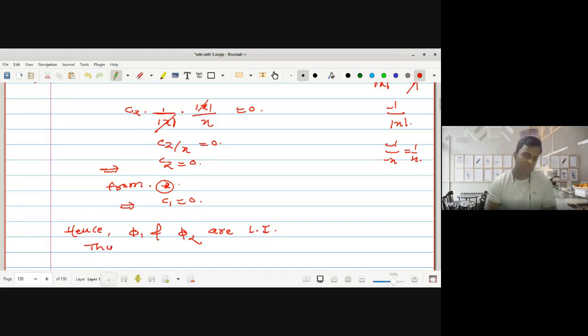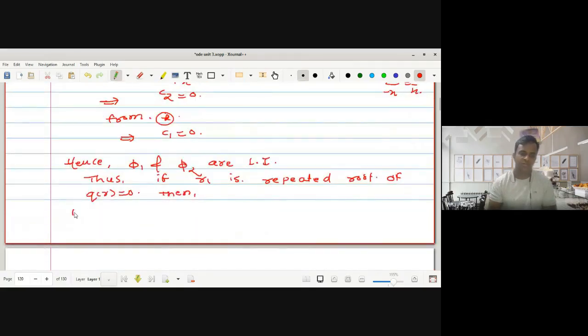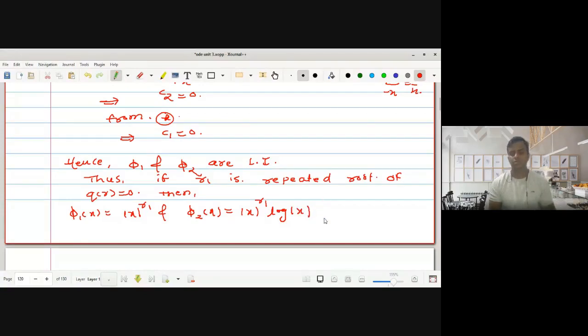Thus, if R1 is repeated root of Q of R is equal to 0, okay, then phi 1 of x is equal to mod of x raised to R1, and phi 2 of x is equal to mod of x raised to R1 into log of mod of x.